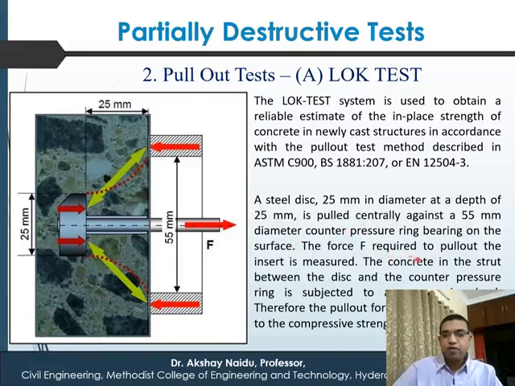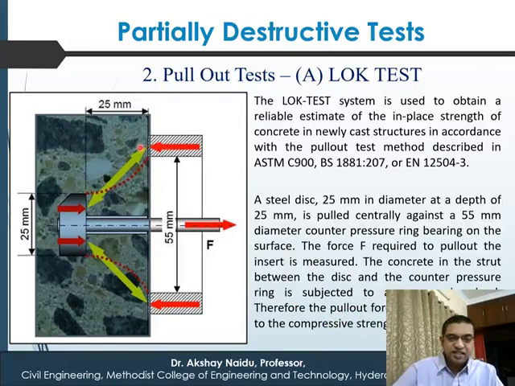The force F required to pull out the insert is measured. The concrete in the strut between the disc and the counter pressure ring is subjected to a compressive load. Therefore, the pull-out force F is related directly to the compressive strength.